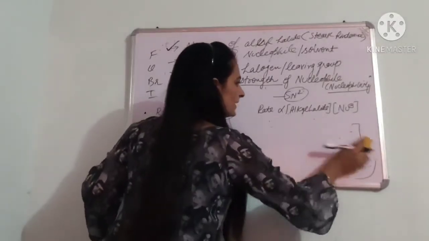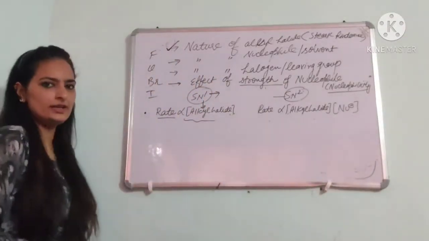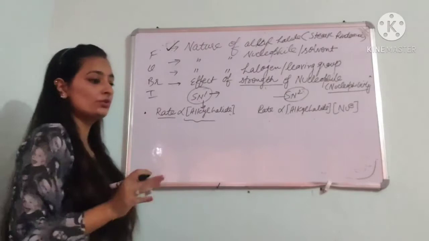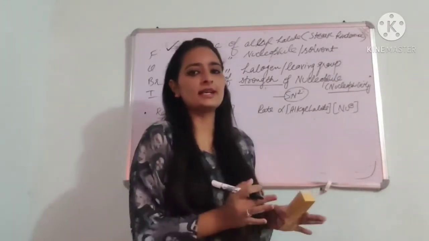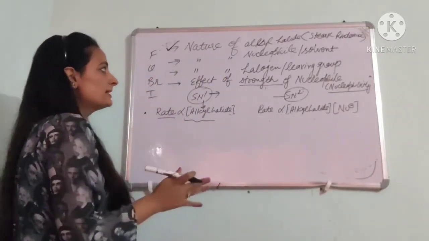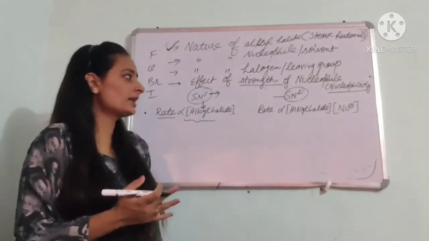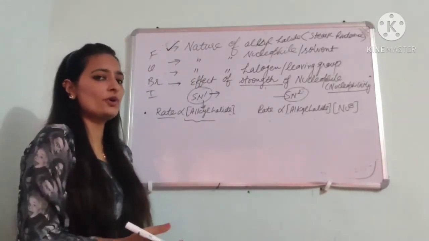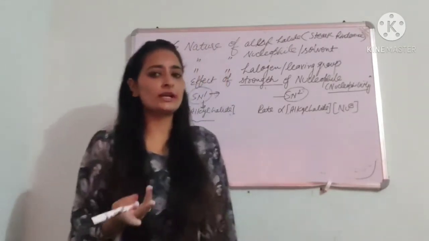Coming to the next factor, that is the nature of the halogen, or you can say the nature of the leaving group. In case of SN1, as you know, the carbocation is formed only after your leaving group leaves the alkyl halide. So SN1 very much depends upon the nature of the halogen. The more readily the halogen leaves the alkyl halide, the more readily the carbocation forms and the more readily the solvent attacks, and you get the product.